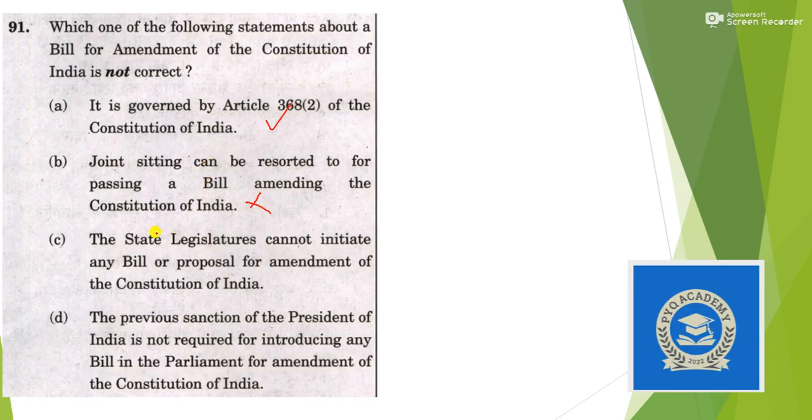The state legislature cannot initiate. This is true. It can be initiated in either house of the parliament. The previous sanction of the President of India is not required. Yeah, it is not required before presenting a constitutional amendment bill. So this is also true. So answer should be here option B.